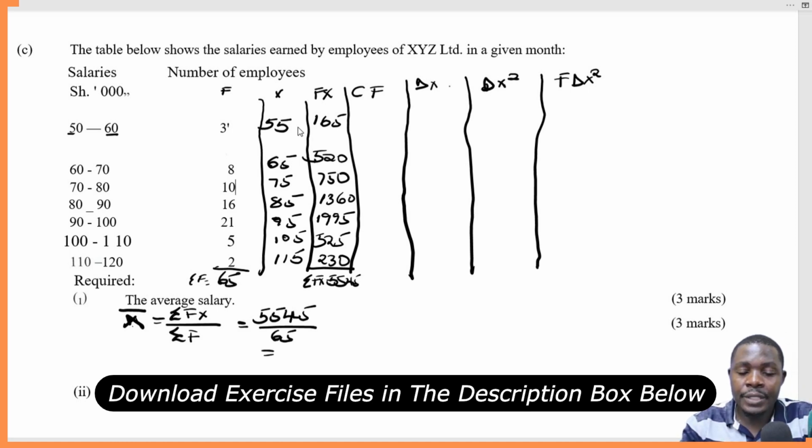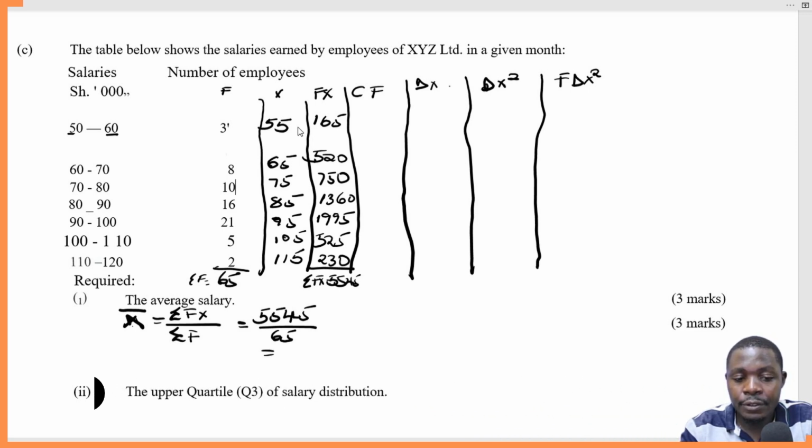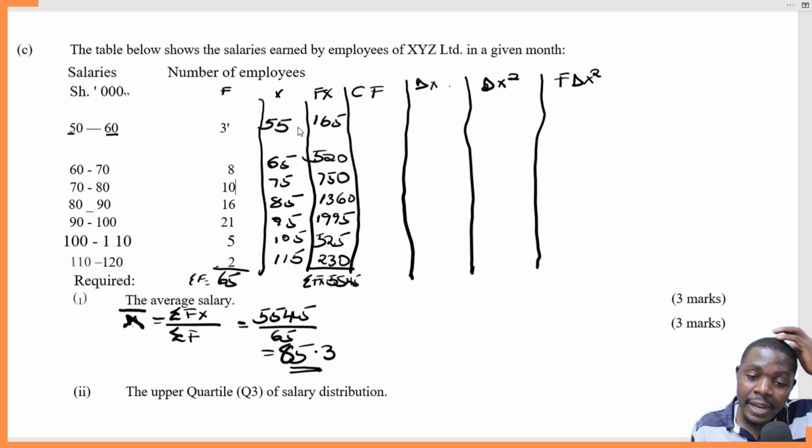What you get if you take 5545 and divide by 65, you get 85.3. Now our mean is 85.3.